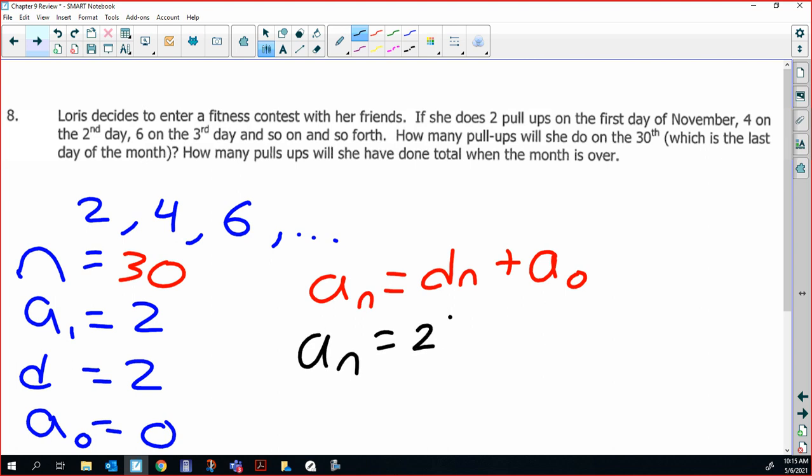Two times 30 plus a0, which is 0. That's 60, which also makes sense because she did 2 more each day: 2, 4, 6, 8, 10. 2 times 30 is 60. So 60 pull-ups.